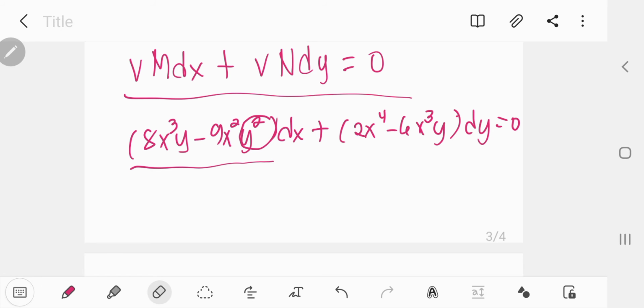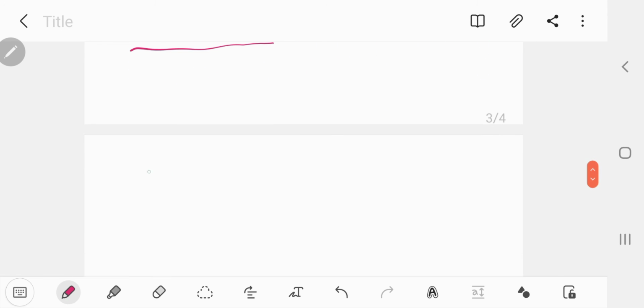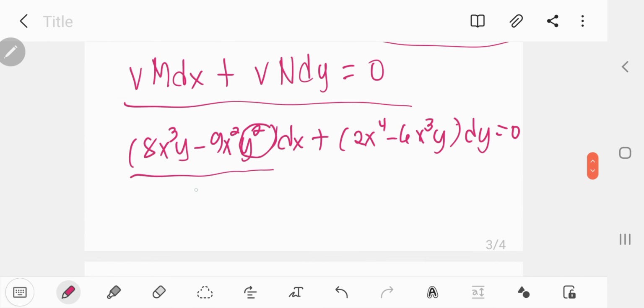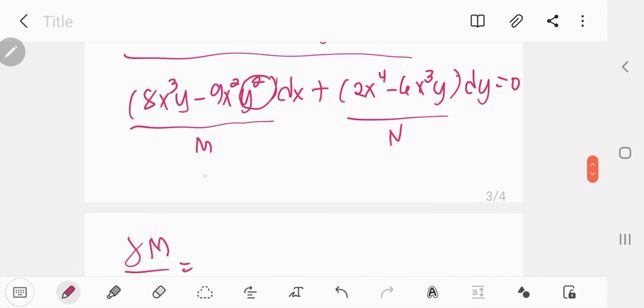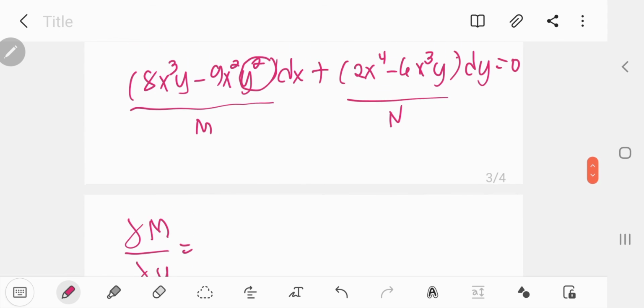Now let us check that the partial derivative of M with respect to y must be equal to the partial derivative of N with respect to x. This is our M and this is our N. Let us consider every x as constant.